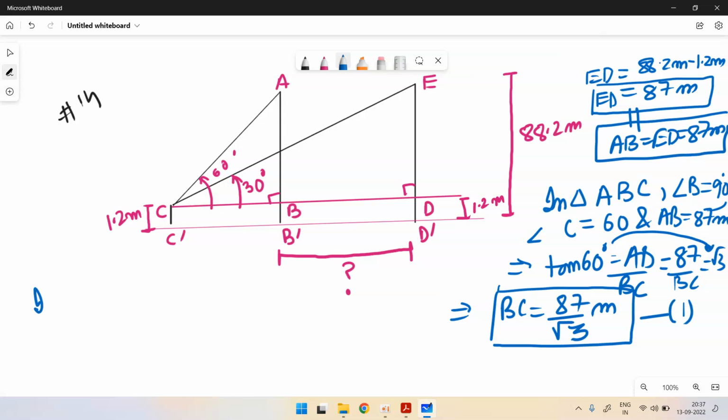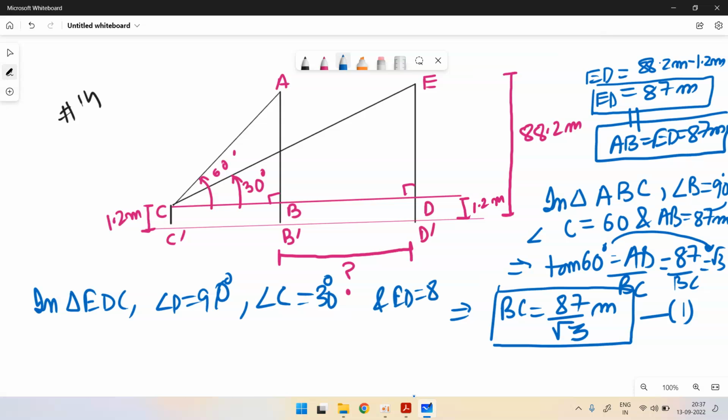Now in triangle EDC, angle D is 90 degrees, angle C is 30 degrees, and ED, we have calculated, is 87 meters. So tan of 30 degrees from the figure is ED by DC.